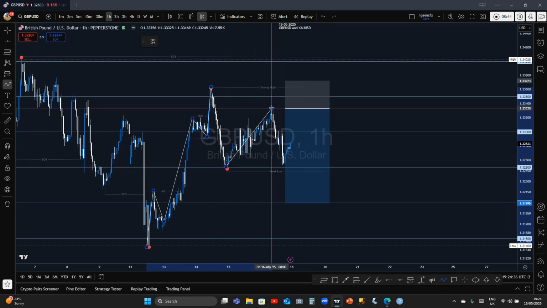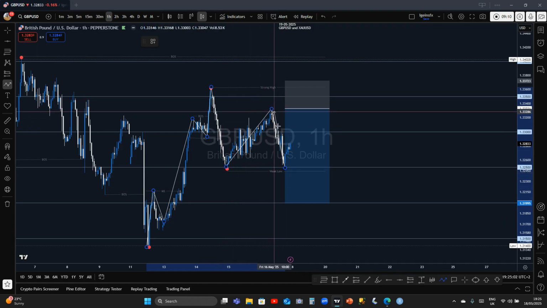So price got here, it came down, and it stopped here again, at the same level, giving us a kind of double bottom. But don't forget the order flow. This guy failed to create a low. That is what it means.